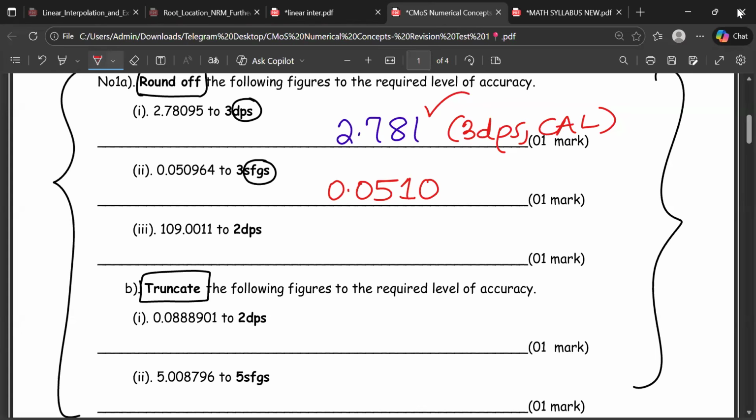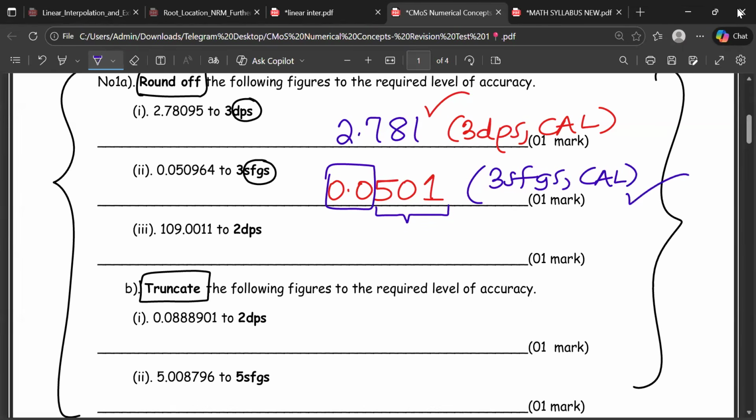You are lying. It is 0.1, not so. Because these zeros are not significant. But the moment a non-zero comes in, all the others are significant. So those are the 3 significant figures, and we use the calculator. We proceed.